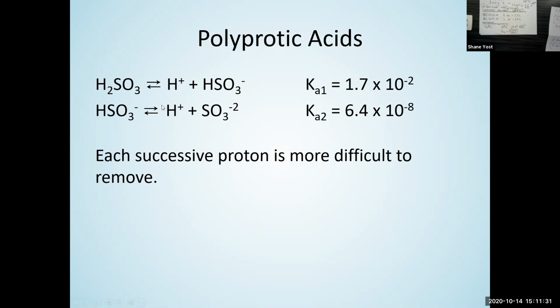But then I get to the second proton, where I take HSO3 minus and try to donate another proton to form SO3 2 minus. That has an equilibrium constant of 6.8 times 10 to the minus 8, which is a fairly small number, telling you this really doesn't want to form products, and it's not very easy to remove that second proton. The general trend is that it becomes harder and harder to remove protons after each proton is removed in a polyprotic acid.